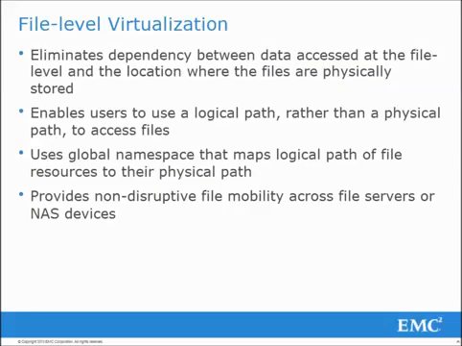File-level virtualization enables the movement of files across NAS devices, even if the files are being accessed. File-level virtualization is implemented by using a virtualization appliance, which is a dedicated compute system that acts as a central virtual mount point through which all clients can access files.